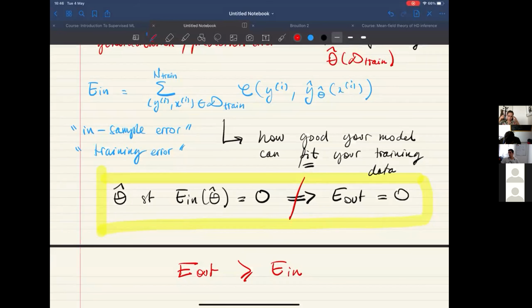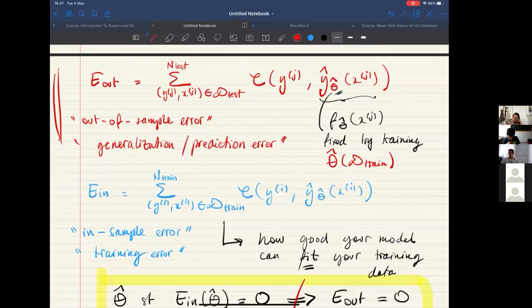So why do some models give a good result, I mean a low cost in the training, but when we test it with the test data, it gives a bad result?